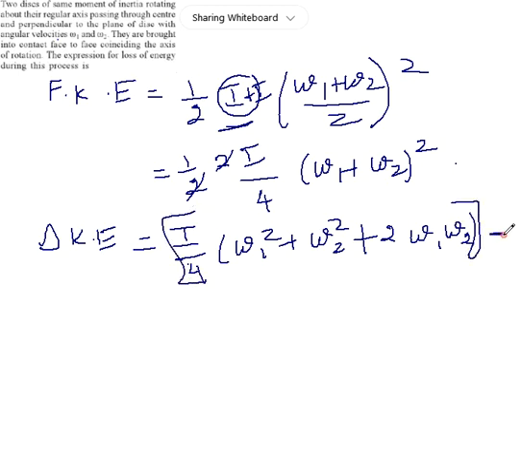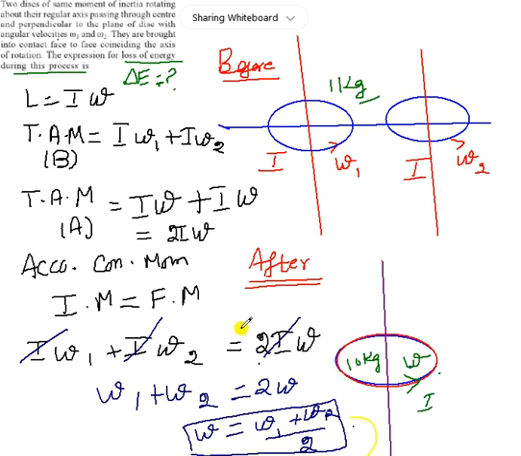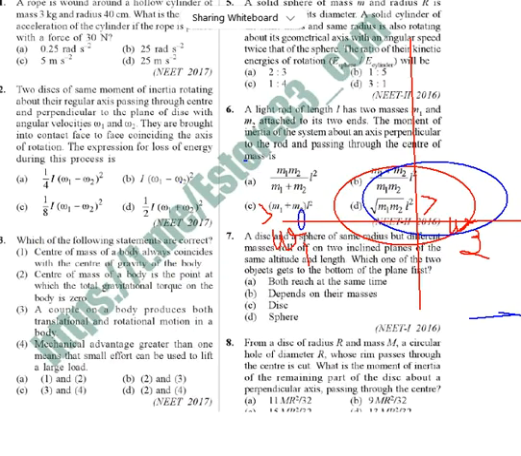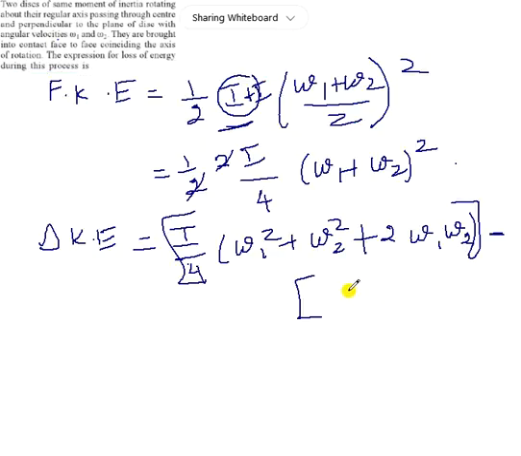From this we are going to subtract the initial term we found in the previous one. What was the previous one we had here? 1 by 2, that is I by 2 into omega 1 square plus omega 2 square, right?